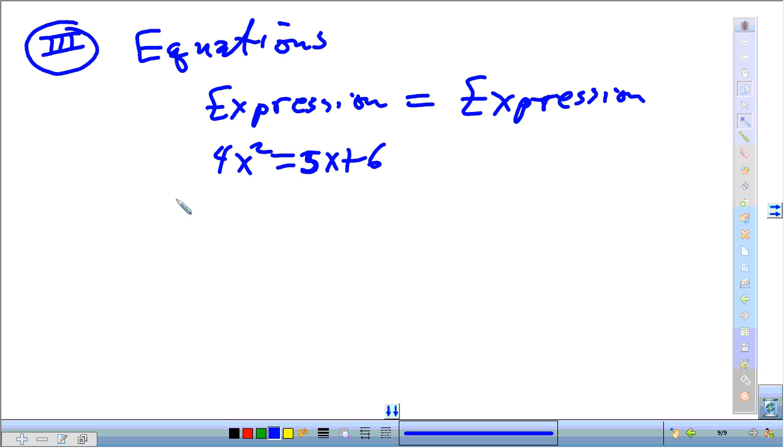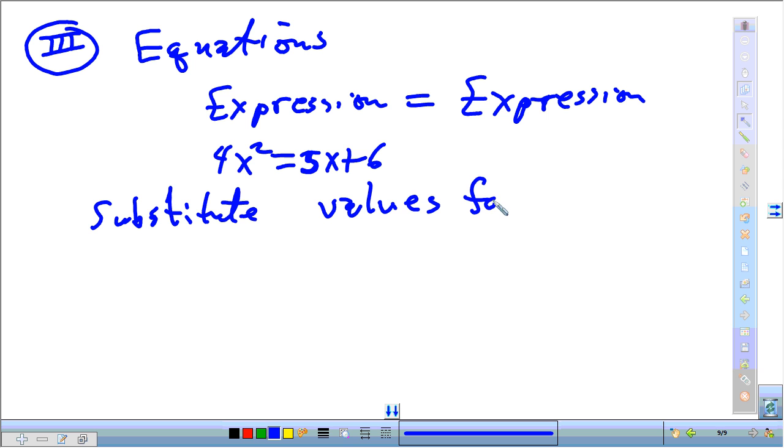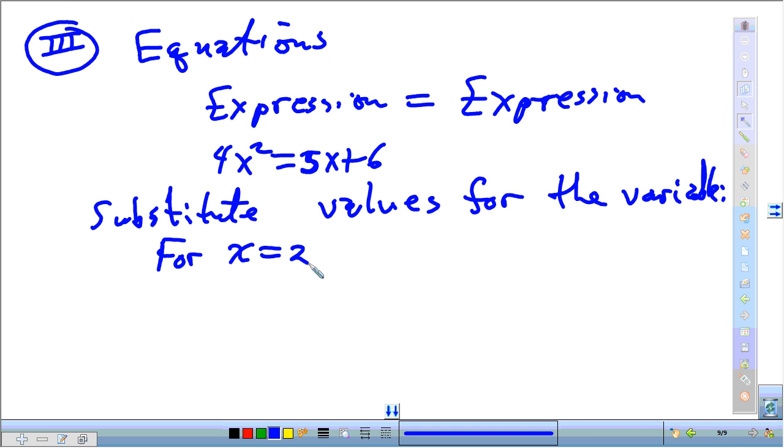Given an expression with variables, we may substitute values for the variable. So, for the substitution x equals 2, we would have 4 times 2 squared equals 5 times 2 plus 6.